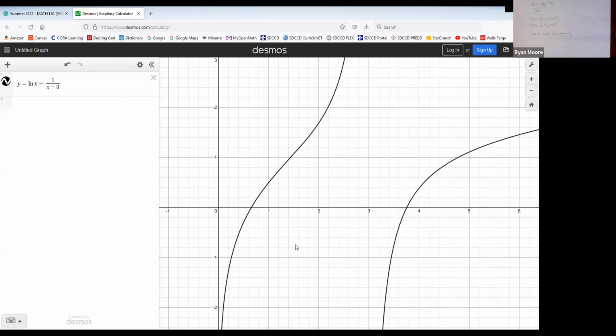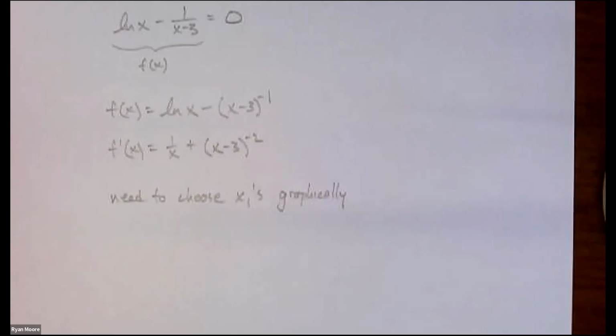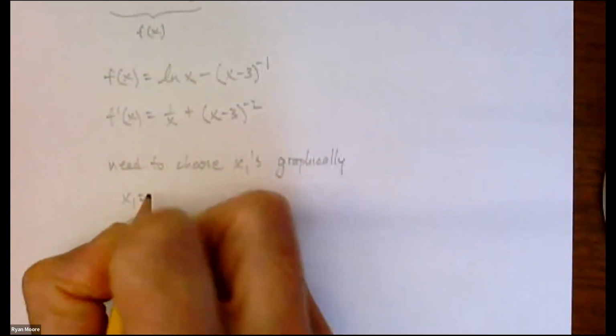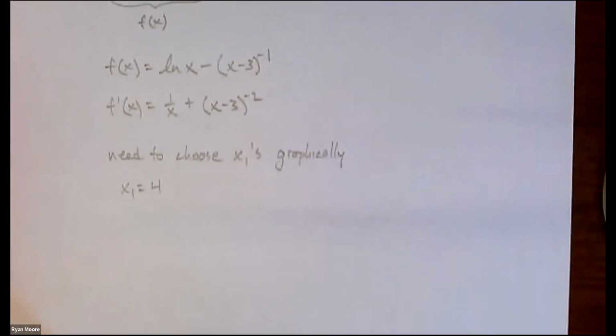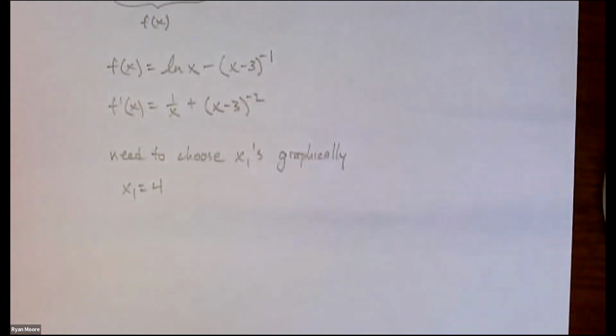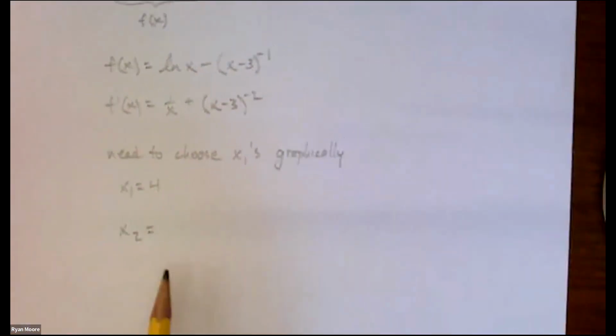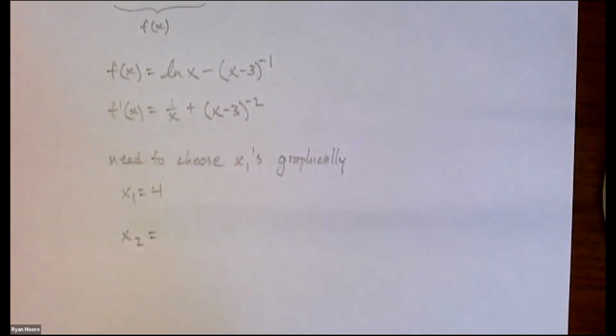Okay. Let's go back to it. We'll take x1 to equal 4 for the larger one. Let's see what happens, to get x2. I like to write this part out just because I'm going to be typing it into my calculator, right?